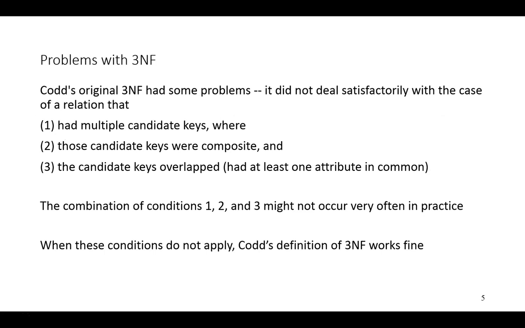Although relations with these three conditions do not occur very often, the definition of third normal form fell short and allowed for anomalies to still occur. And this is where Boyce brought to Codd's attention and collaborated with Codd to come up with a new definition. Note that if these three conditions are not met by a relation, the definition of third normal form is satisfactory. In fact, both third normal form and Boyce-Codd normal form would then agree that the relation was well structured.